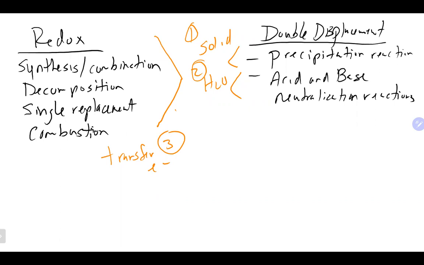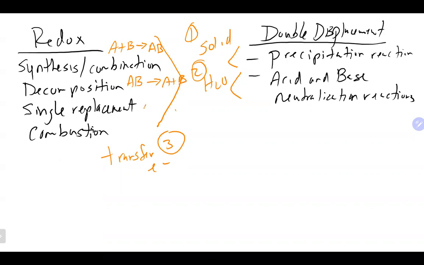So clearly, if you're given a reaction or equation, you need to be able to balance it. You need to be able to classify it as a type of reaction one of these ways. And you should have a general understanding of what the look should be if you just look at an equation. Again, for synthesis and combination, it's basically 2 things make 1. Decomposition is the opposite: 1 thing makes multiple things.